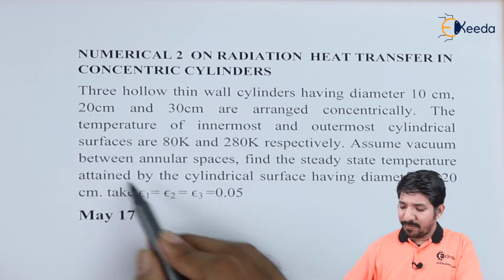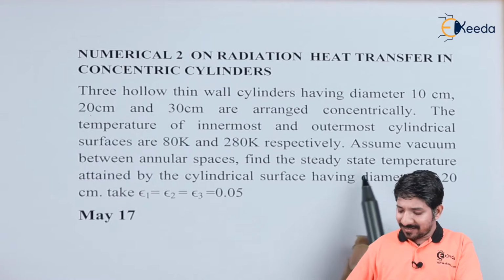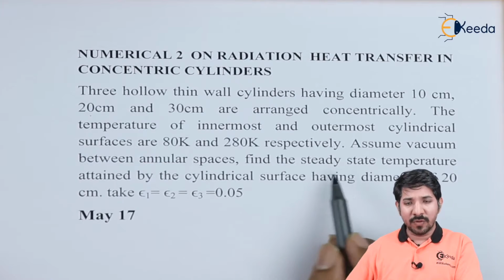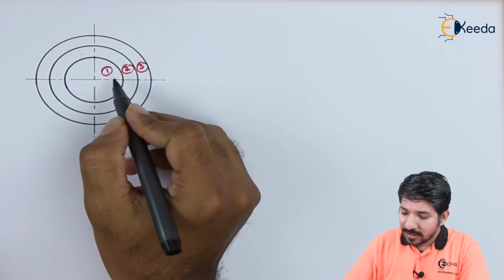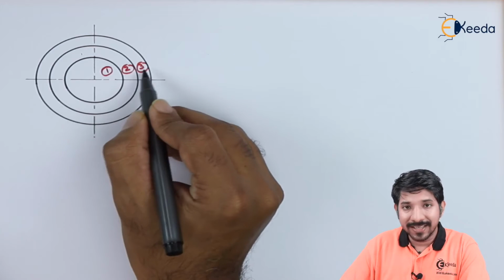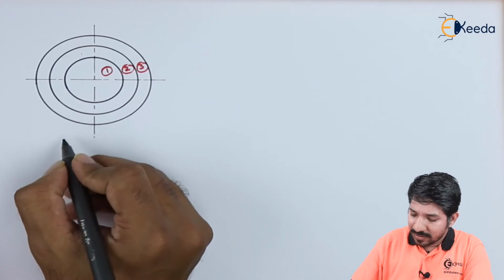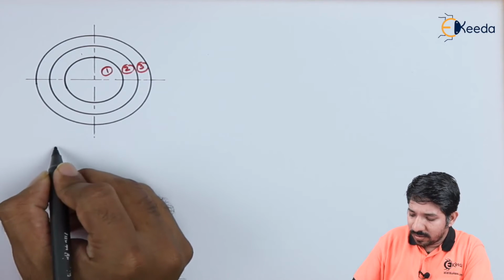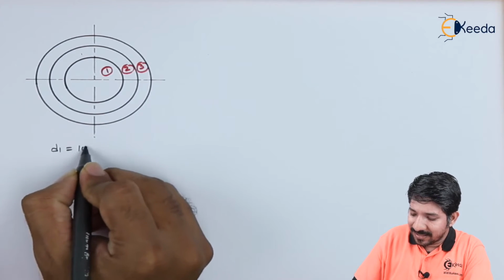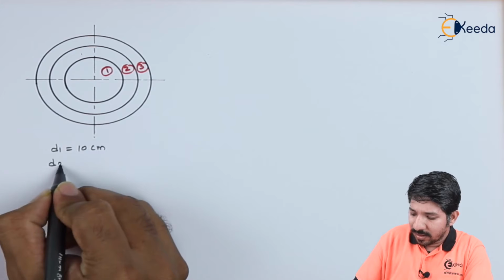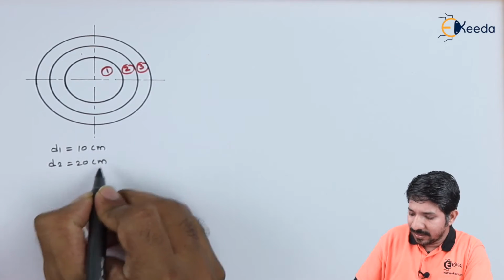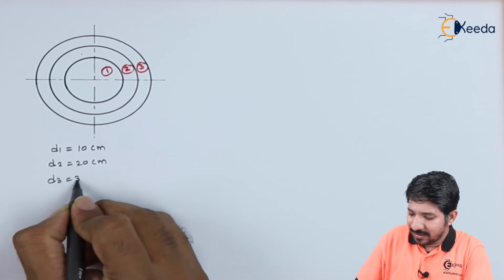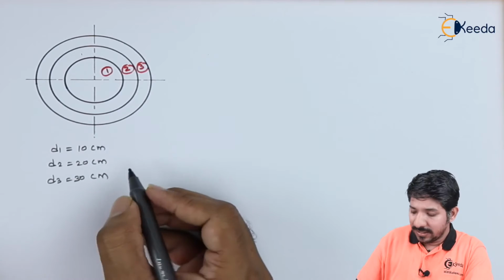So this is a pretty simple problem. Now let us try to draw a diagram for the given problem. Let us consider cylinders 1, 2 and 3. They have given the diameter for cylinder 1 as 10 centimeter, cylinder 2 as 20 centimeter and cylinder 3 as 30 centimeter.